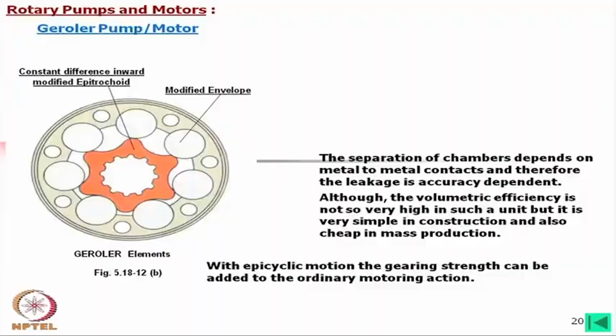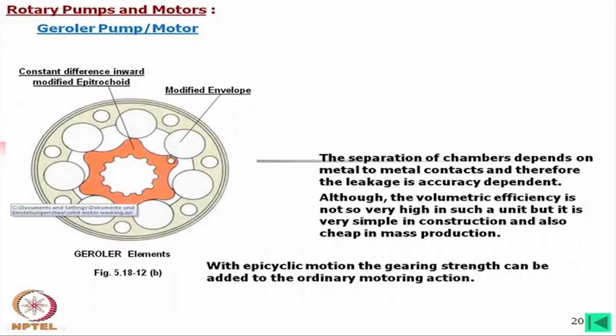In the case of a pump, there is no meaning in supplying high torque at low speed for pumping. We will try to transmit very low torque at high speed, because the engines are usually like that. So, this is used as a motor with epicyclic motion.